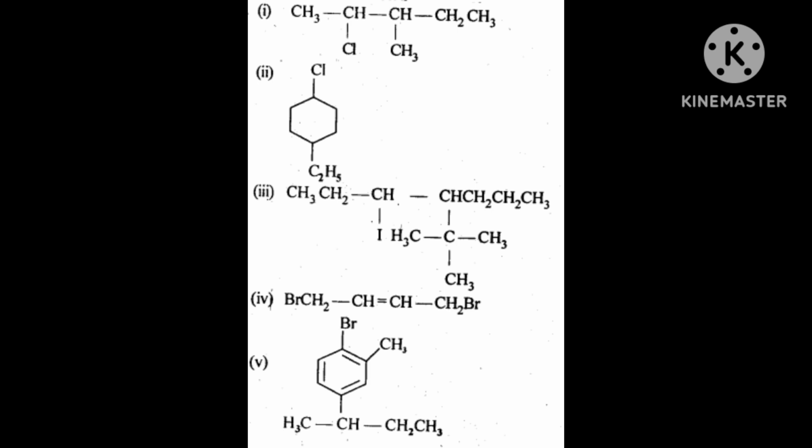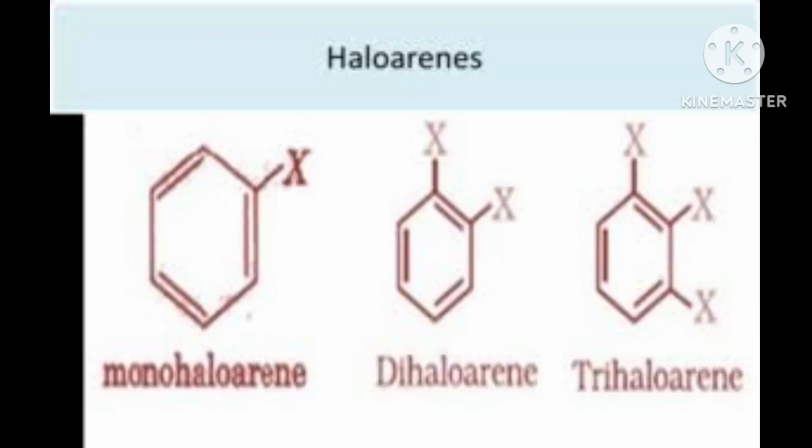Then this homologous series, I told you, is represented by CnH2n+1X. These series are further classified as primary, secondary or tertiary according to the nature of the carbon to which the halogen is attached.